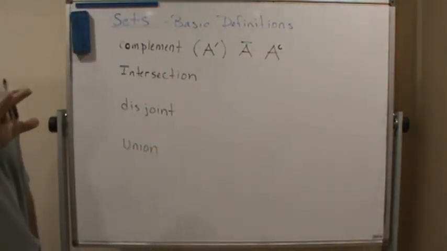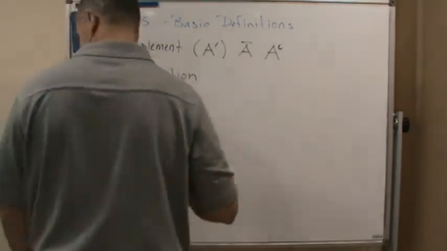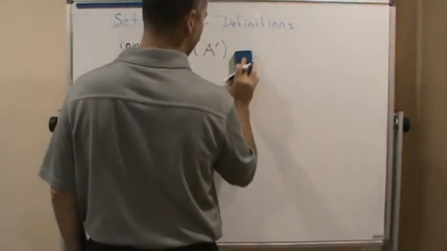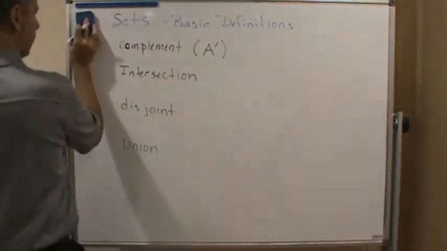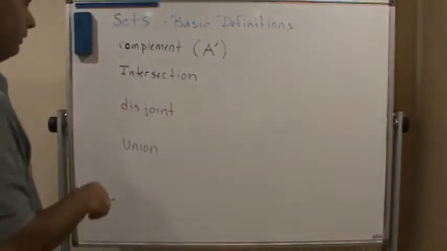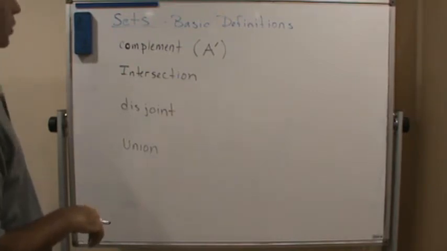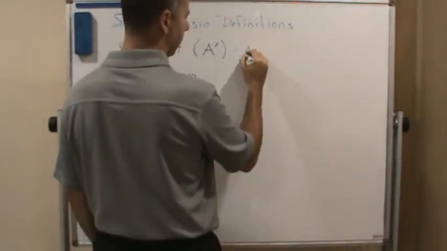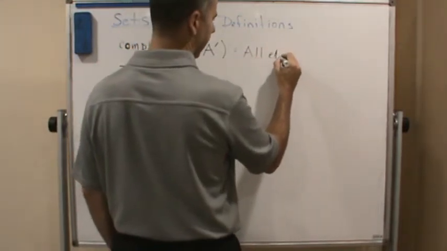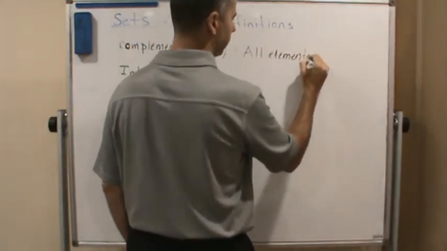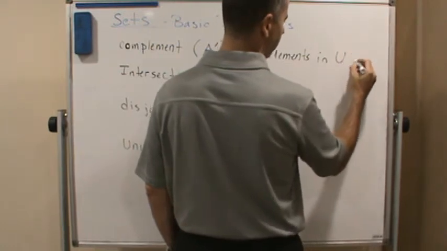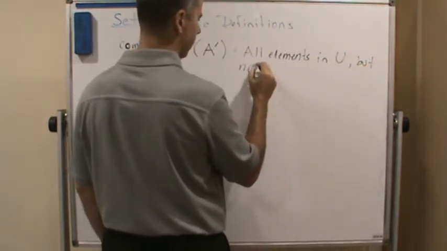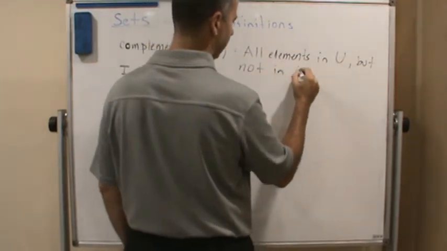So you'll see different symbols depending on the textbook. I'm going to use A prime, which is probably the more common way of seeing it. So the complement of A means all elements in the universe, but not in A.